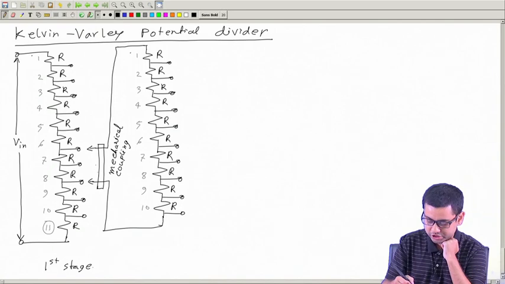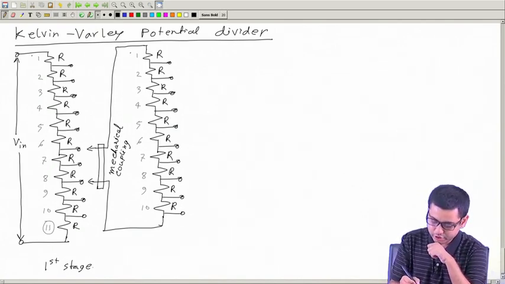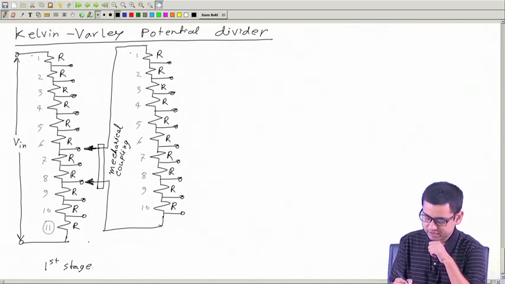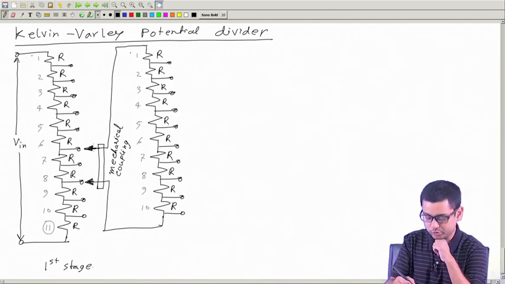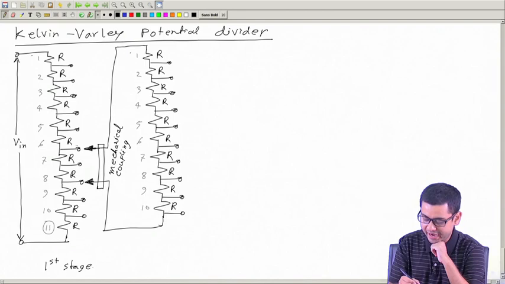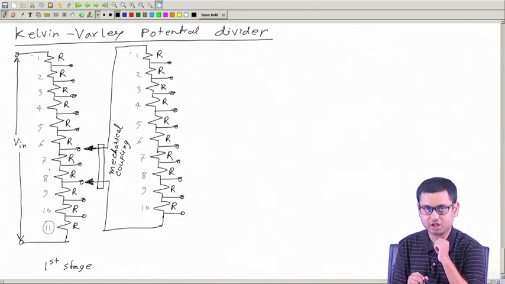So, these two will be always across two resistances. You cannot move them individually, you have to move them together only, and they will always connect in parallel to two resistances always.